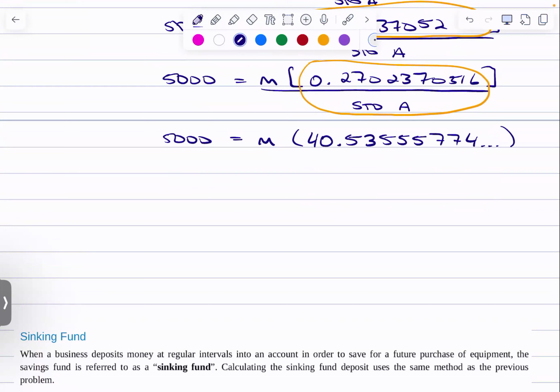I can't see it. Which means that M, solving for M, which is what I want to do, I have to divide 5,000 by 40.5 and so on. So I'm going to do 5,000 divided by my previous answer, and I get M must be 5,000 divided by 40.535555774 and so on.